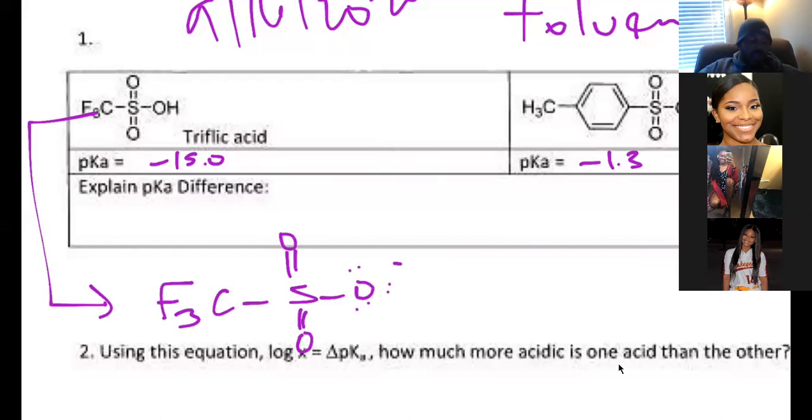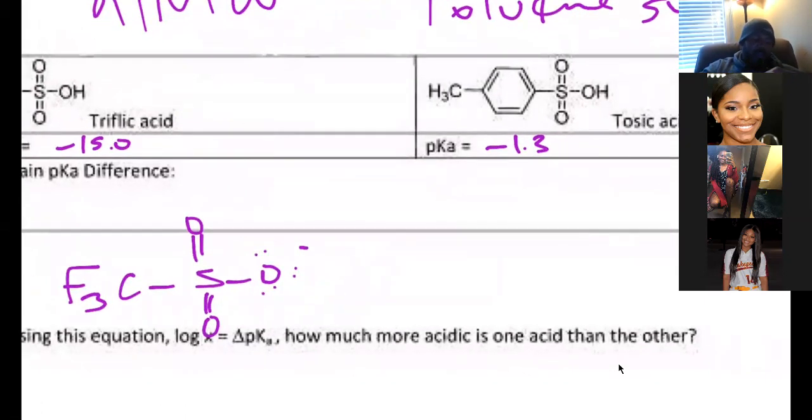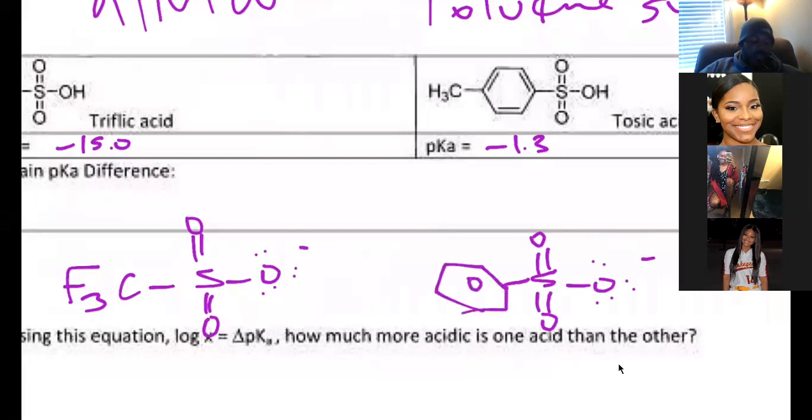And then the conjugate base for tosic acid is going to be SO3 minus. I'll draw it. I don't want to be lazy. That's what the conjugate base for that looks like.